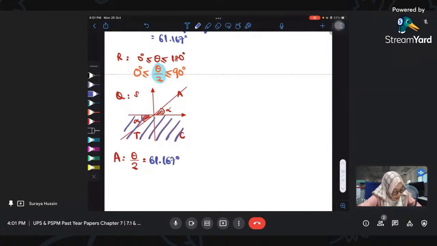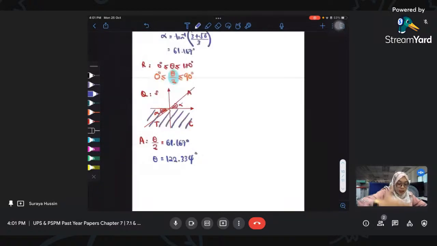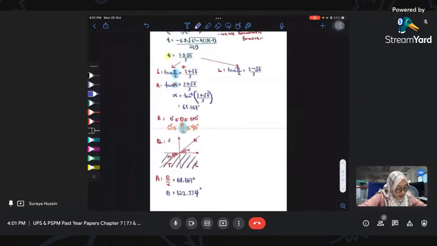And so theta is equals to times 2, you will get 122.334. There you go. That's your 1 theta. You tak habis jawab lagi. You ada lagi satu larka yang perlu diselesaikan. And so, boleh tak saya copy je kat sini?